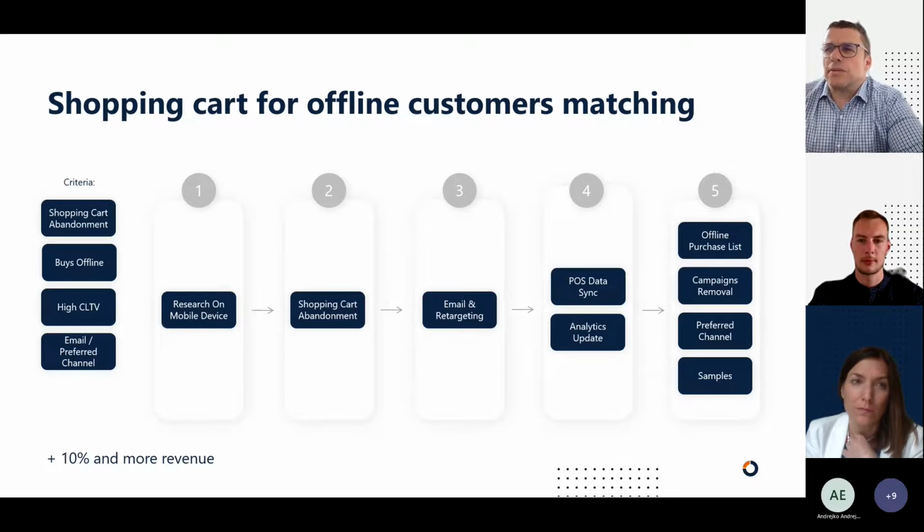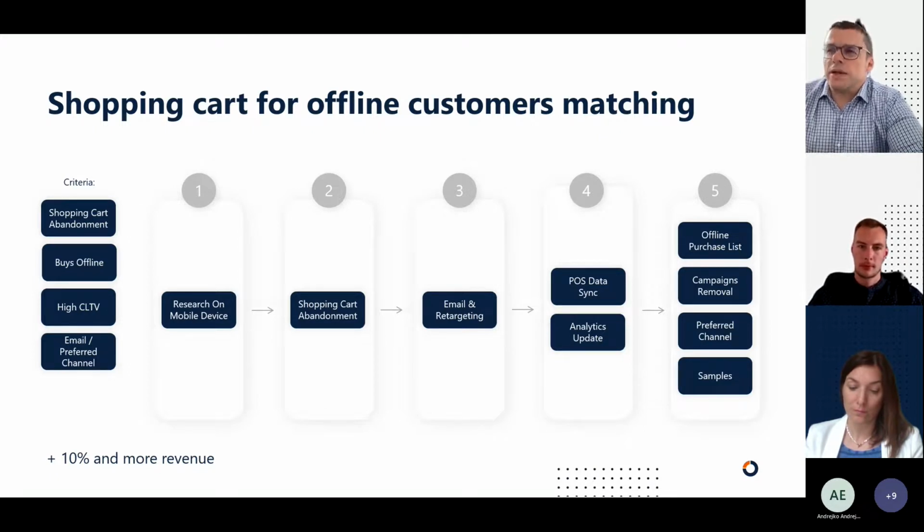The way it's done in this scenario, when we see this high-level offline customer overview, is that the customer starts to enter the website, typically through a mobile device. Then he finds what is interesting for him and puts products in a shopping cart, and then goes to the brick and mortar store, the retail store, and physically buys the products.